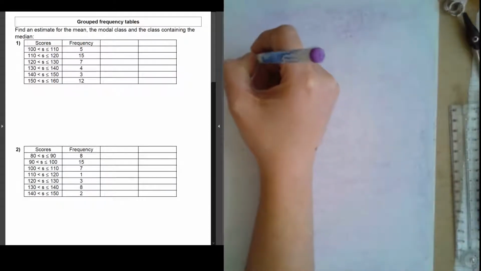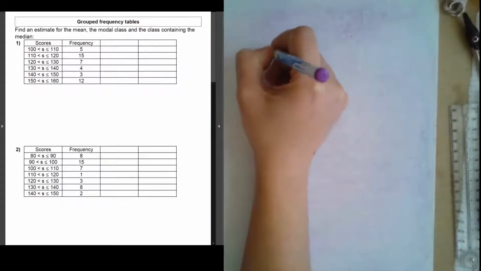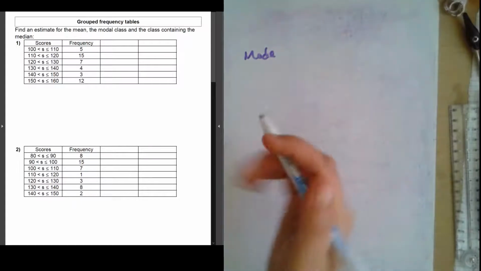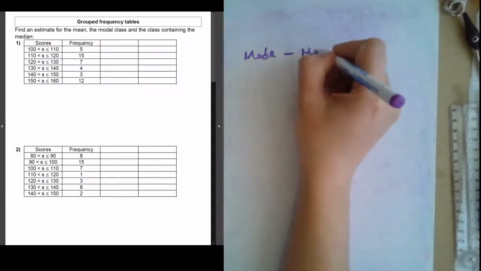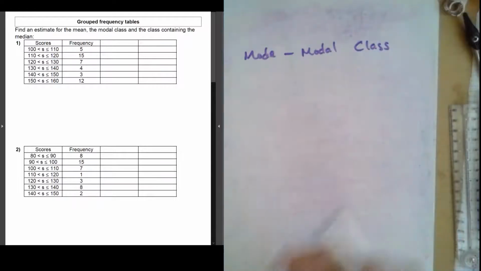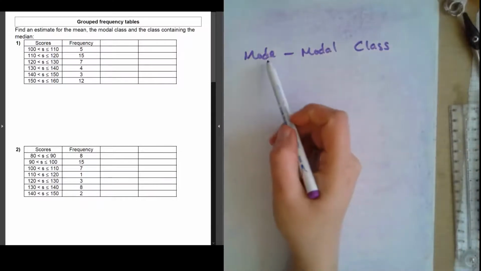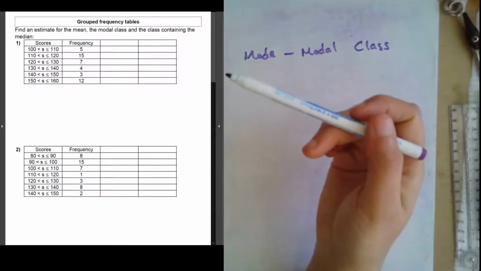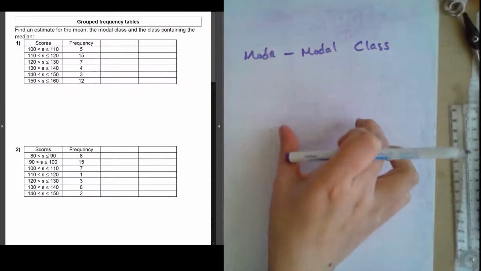Okay, so for this one, the first average I would usually think about, which is the easiest, is the mode. But in a group frequency table, the mode is actually called the modal class, because the mode is about one specific piece of data, but you're talking about a whole group, okay?